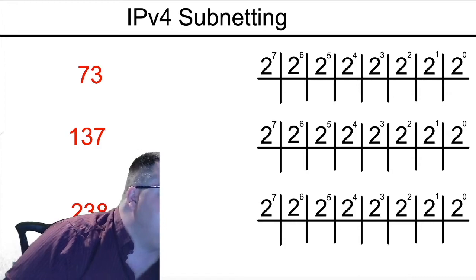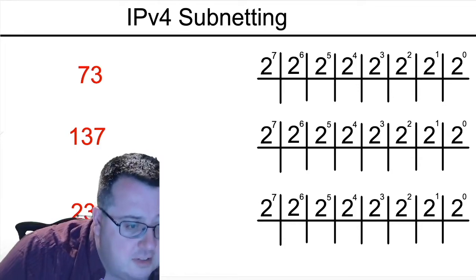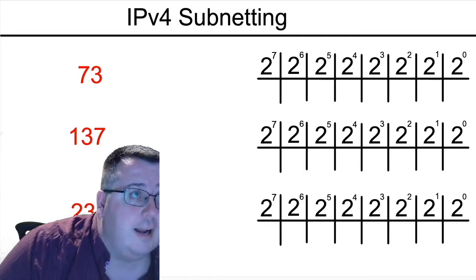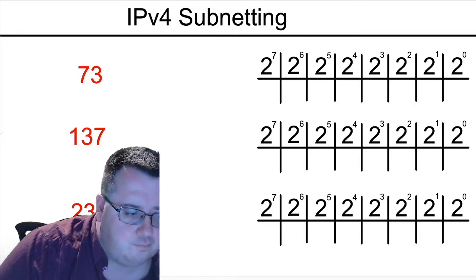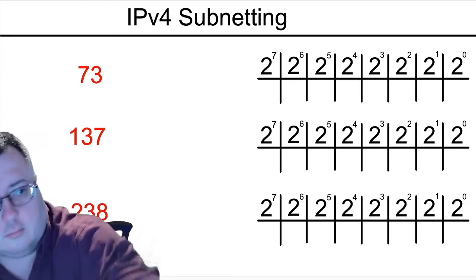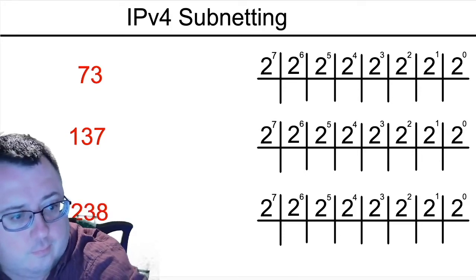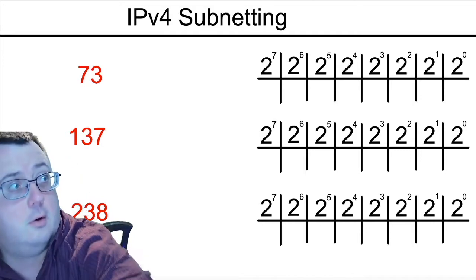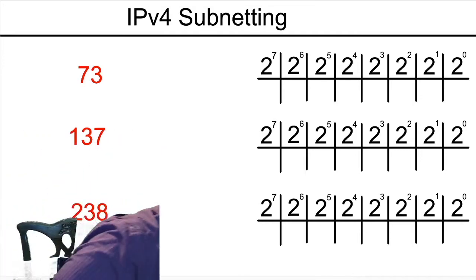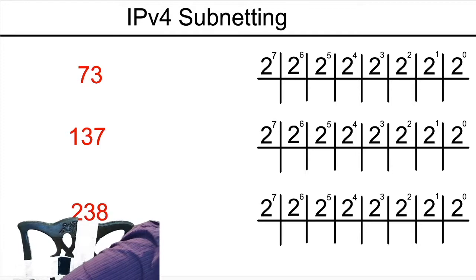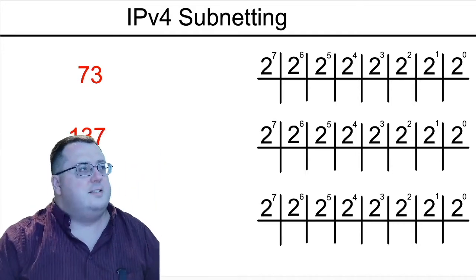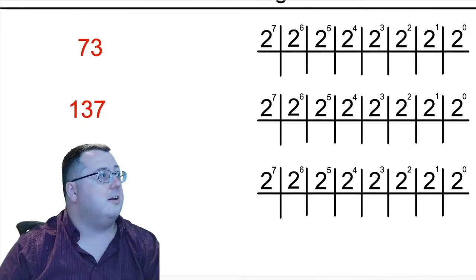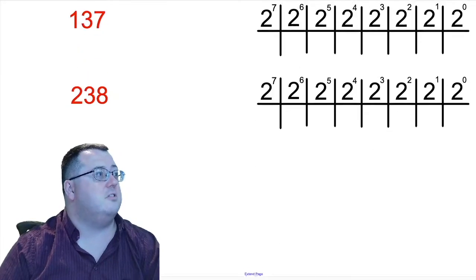So I'm going to give you a couple of moments to do that, and we will come back and go through the answers. Right, so I will just scroll the page down to show you there is another number there. It's 238.